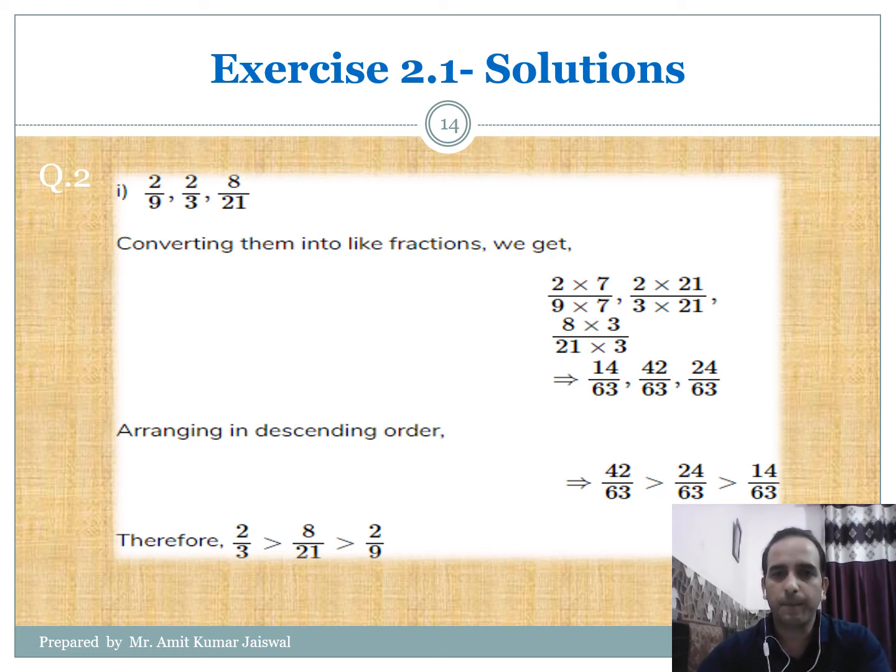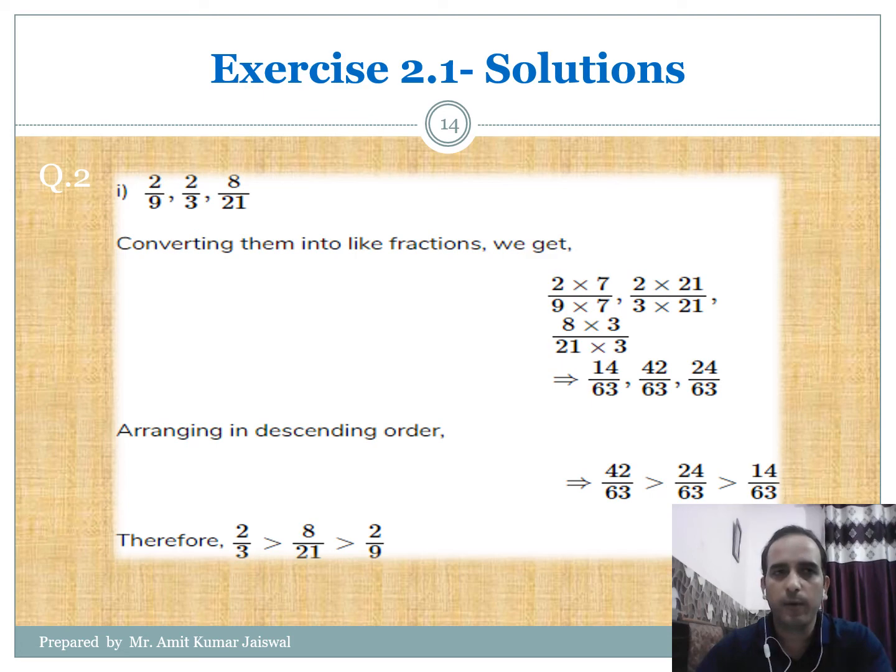So 42 upon 63 is 2 by 3. So 2 by 3 is the largest fraction, and then we have 8 upon 21, because 24 upon 63 is 8 upon 21, and 14 upon 63 is 2 upon 9. So this is how we compare fractions, by finding their equivalent fractions.